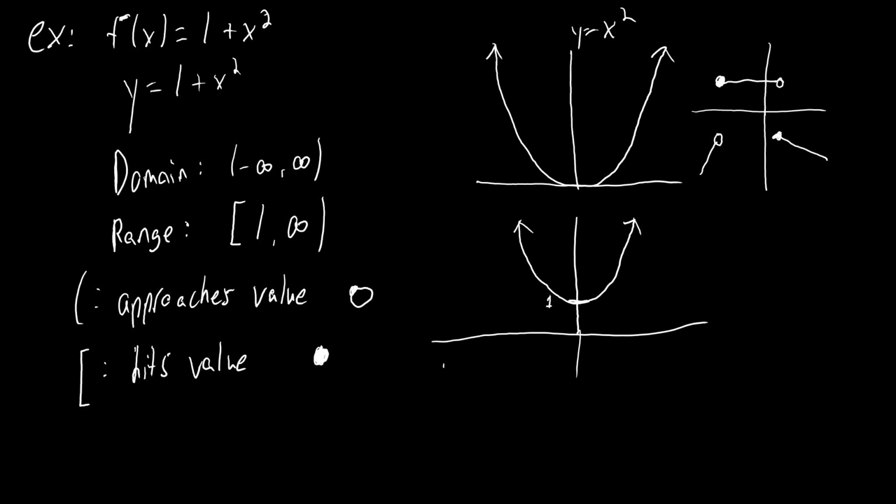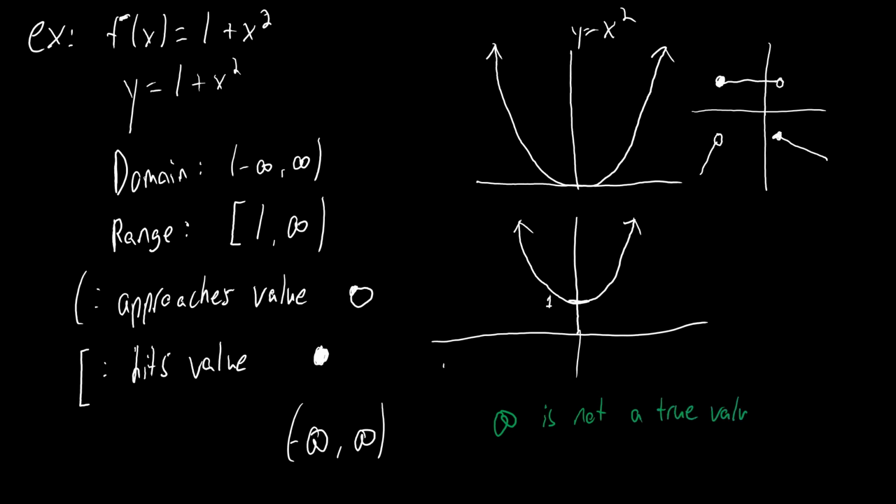Now let's talk about real quick, why do we have to put round brackets around negative infinity or positive infinity? Well, this is very important: positive infinity is not a true value.